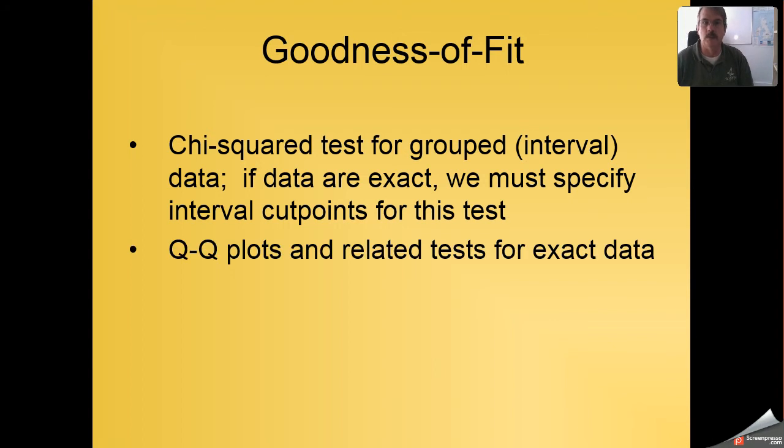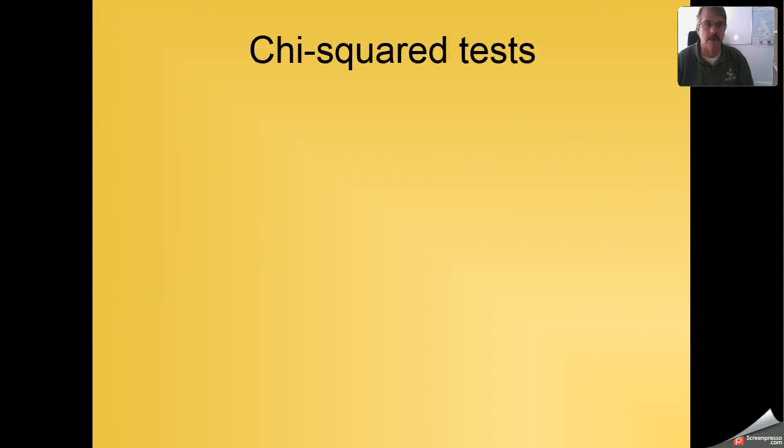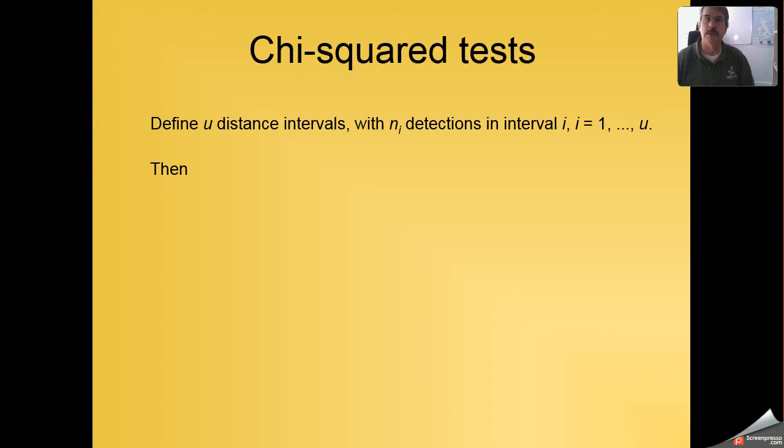So a chi-square test is one way of doing that, and something called QQ plots and test metrics that come from QQ plots when we have exact data. Both of those methods are available to us for measuring absolute goodness of fit. I'll start with the chi-square tests because you've seen chi-square tests in the past in your brief forays with statistical analyses.